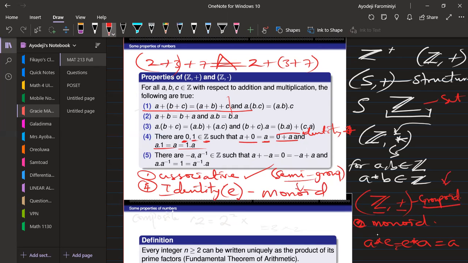Then the next one is property number 5, the existence of an inverse element. We can never talk about an inverse element without talking about identity, because the definition of the inverse element depends solely on the existence of identity.